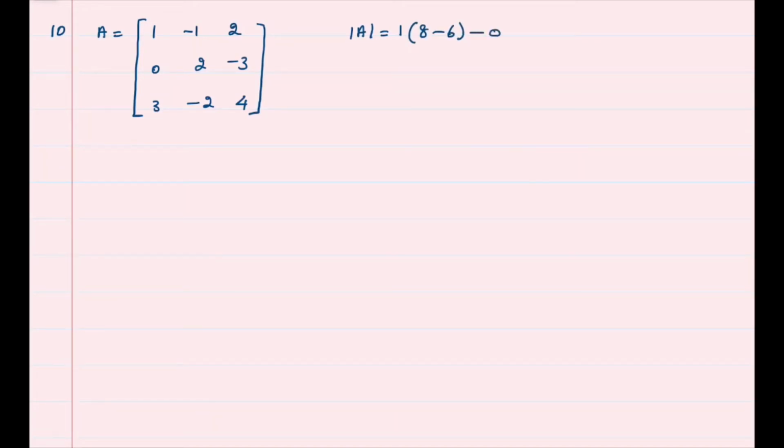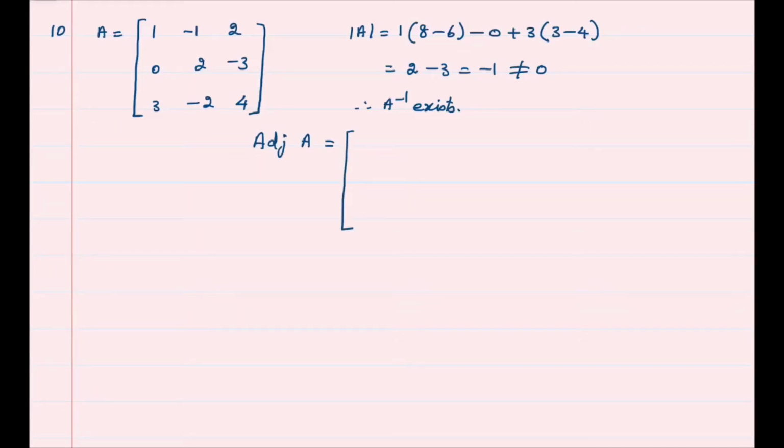The middle term is 0 plus 3 times 3 minus 4. 2 minus 3, which is minus 1, not equal to 0. Therefore, A inverse exists. If it is a singular matrix, inverse does not exist. Let us find the adjoint of matrix A, which is the transpose of the cofactors.